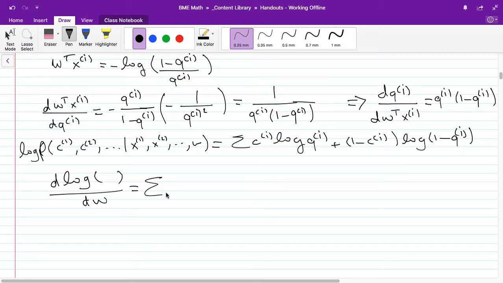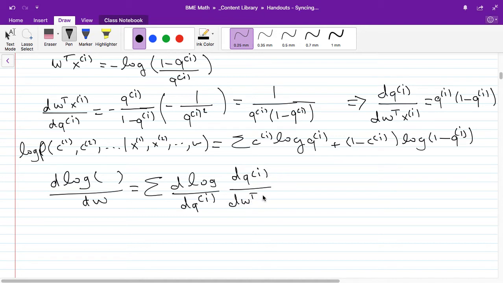So that's equal to the sum of the derivative of this log with respect to q_i, times the derivative of q_i with respect to w transpose xi, times the derivative of w transpose xi with respect to w. So I have this done over here.